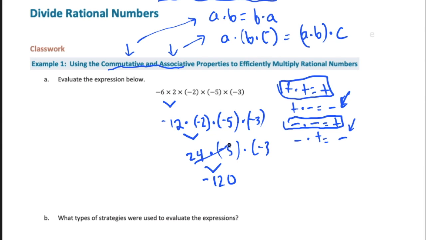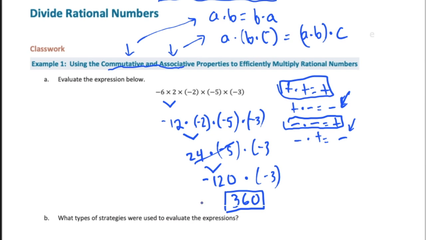That will be negative 120, times negative 3. When I multiply a negative times a negative, I'll get a positive, and 3 times 120: 3 times 0 is 0, 3 times 2 is 6, 3 times 1 is 3, and my answer will be 360. And the answer, of course, is positive because it's a negative times a negative.